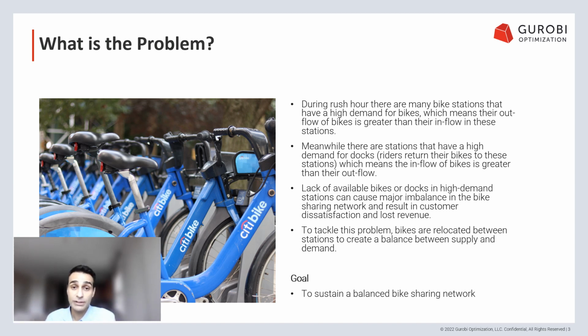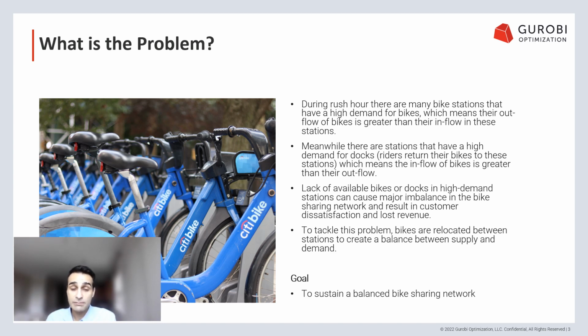And of course, in the morning, that station can have the opposite problem, right? So what happens is, the number of bikes coming into a station, which we can call inflow of bikes, and the number of bikes leaving that station, outflow of the bikes, if these two numbers are very different, they can create an imbalance in the system.